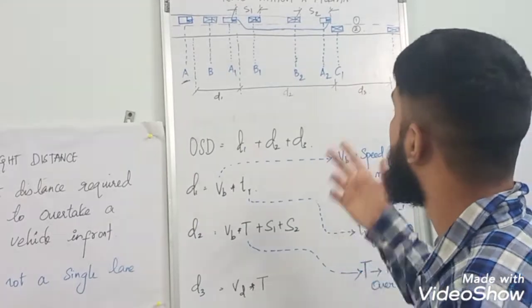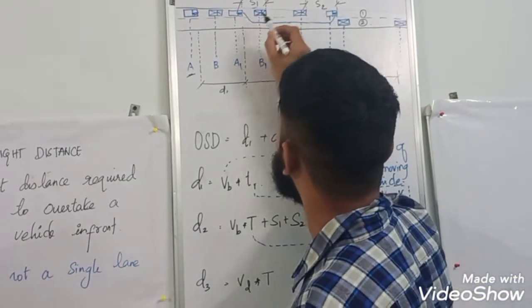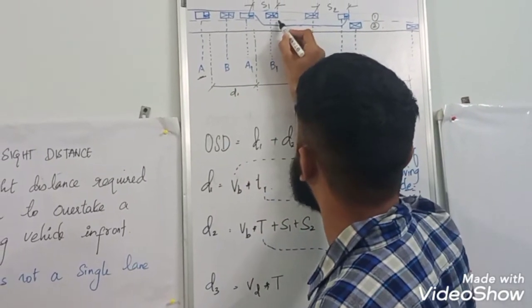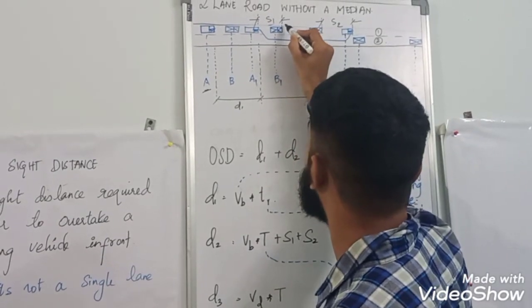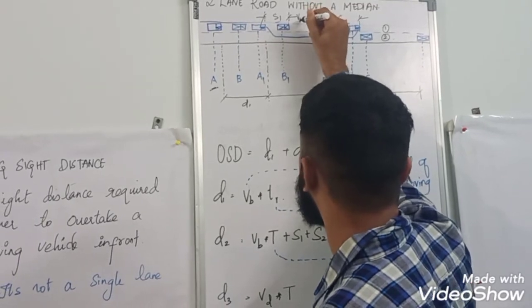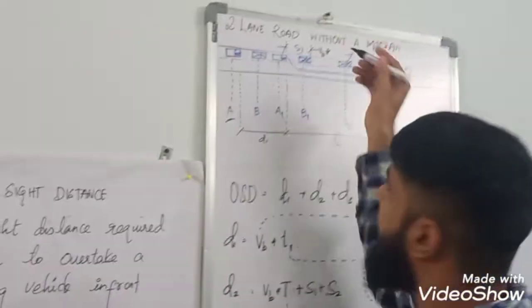Alright. Now let's understand what exactly this D2 is. I would say D2 would be this distance, that is S1, this point to this point, and vehicle B is also moving. Vehicle B has covered this much amount of distance. This is VB, that is the speed of the slow moving vehicle, multiplied by how much time?